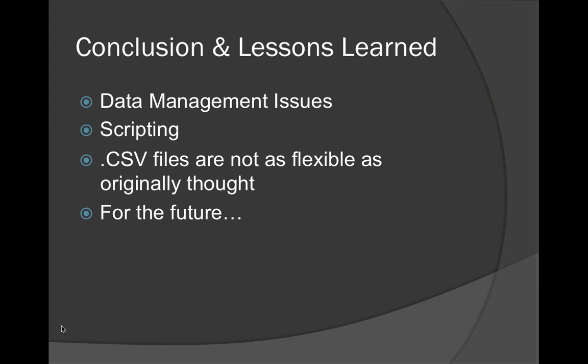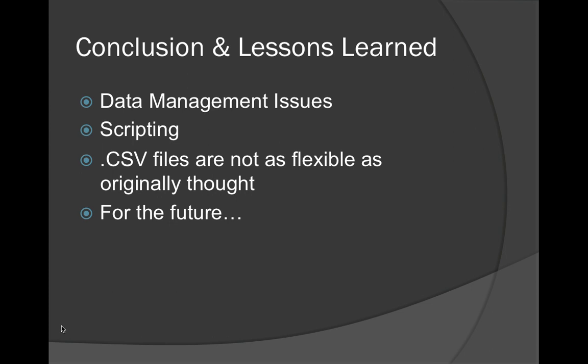So I did fix that pretty easily in Excel, but this project probably could have been handled a lot easier with scripting. Unfortunately, I don't have that type of experience, but hopefully in the future I will, and then I'll be able to utilize that with the rest of the community status book.